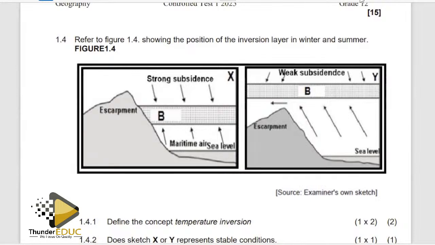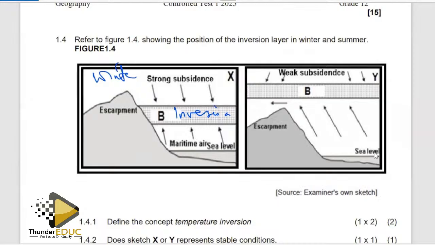The first illustration is indicating what we call the winter conditions. The inversion layer is lower, below the escarpment. The inversion layer gets lowered below the escarpment because of strong subsidence.